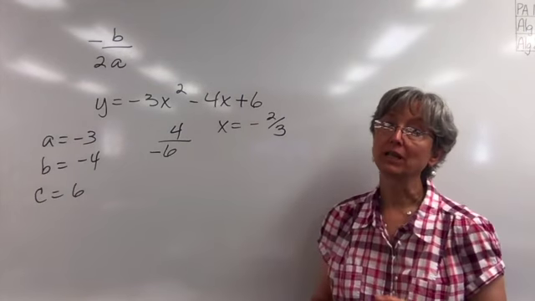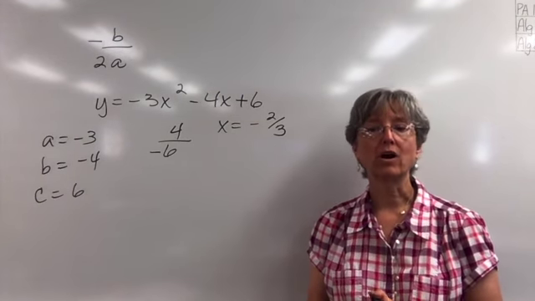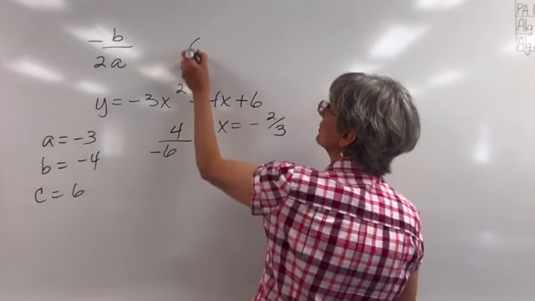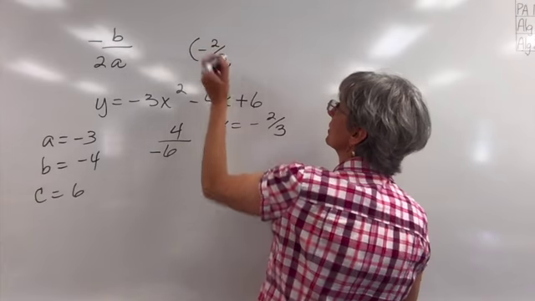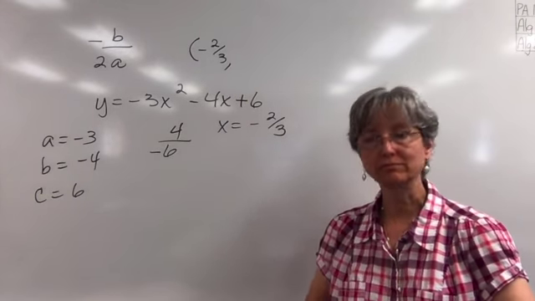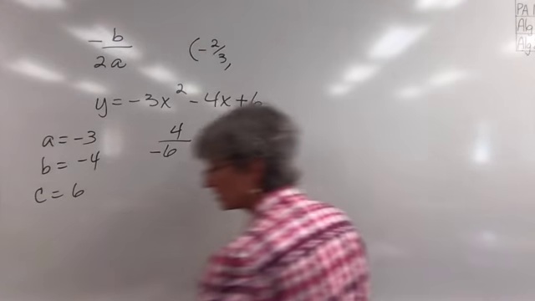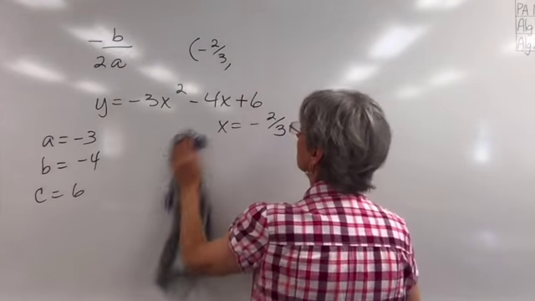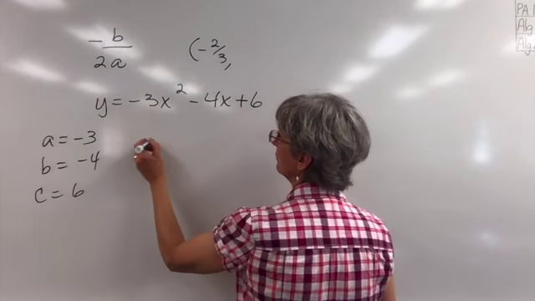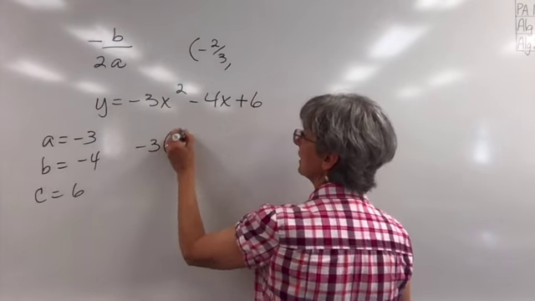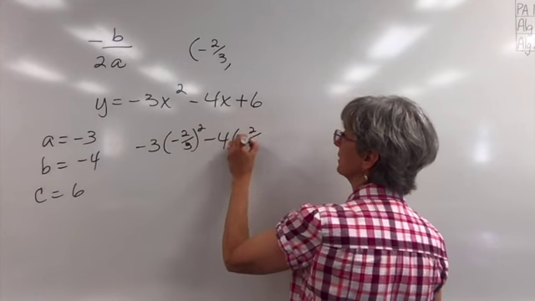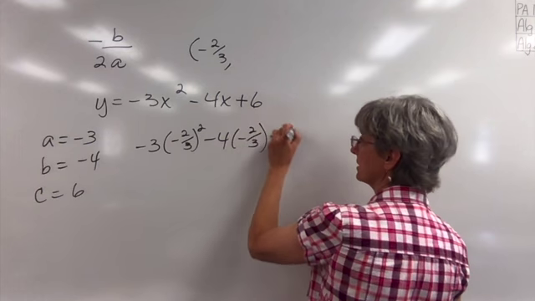Now, we need to plug that in to see what the y of our vertex is, because negative 2/3 is the x of our vertex. It doesn't look like I picked a fun one for our first example, but that's okay. We're going to plug that in: negative 3 times negative 2/3 squared minus 4 times negative 2/3 plus 6.